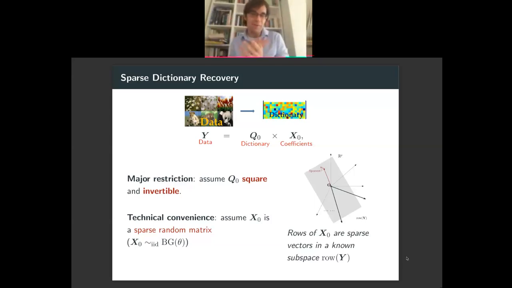So the geometric problem could be considered as I'm handed a linear subspace, which is the row space of Y. That subspace contains n sparse vectors. Those are the rows of X0. Now I want to find those.